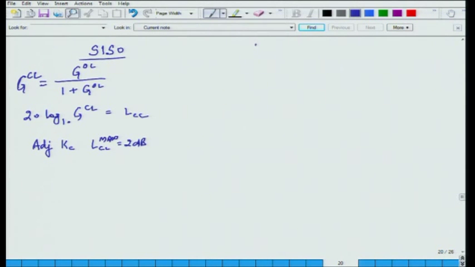Okay. Now, before I go to the MIMO system, before I go to the multivariable system, please note that by analogy, this GCL is nothing but minus 1 plus closed loop characteristic equation, divided by closed loop characteristic equation. See, the closed loop characteristic equation is 1 plus G open loop is equal to 0. So, it is minus 1 plus the left hand side of the closed loop characteristic equation, divided by the left hand side of the closed loop characteristic equation.